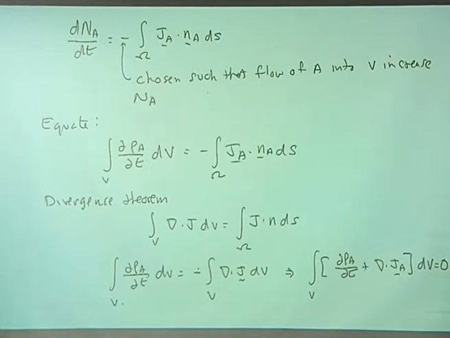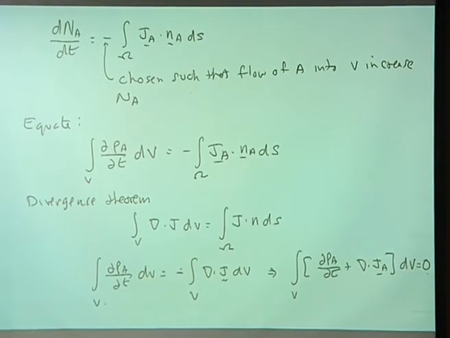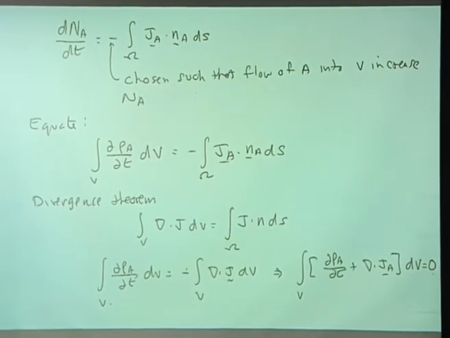You add those two things together, and then for this to be equal to 0, for all possible choices of the volume, right? So you can change the domain to whatever you like. The only way to get this equal to 0 is to make this term equal to 0, and you get the result that the partial of rho A with respect to time is just minus the divergence of the flux. And this is sometimes called the continuity equation.